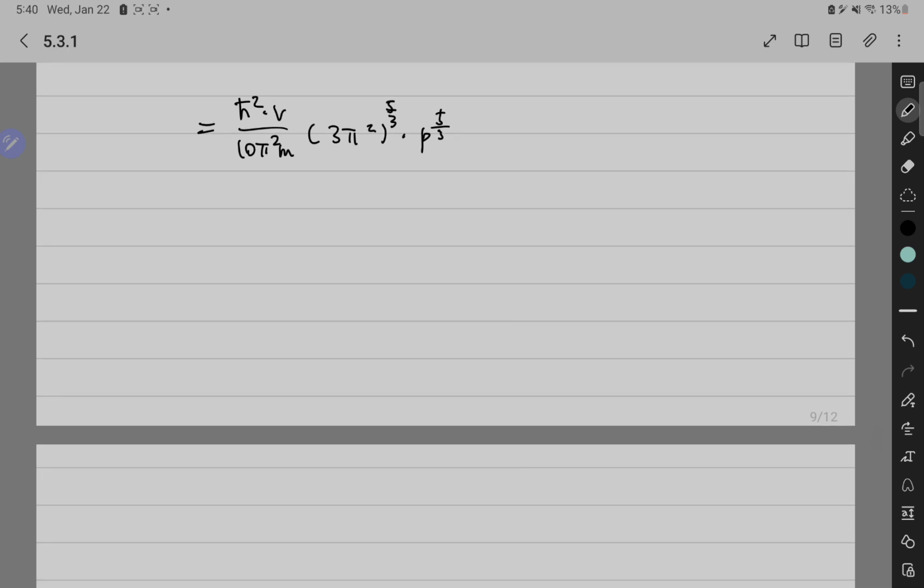So from the earlier equation, the total energy we have is E total equal to h squared over 10m times V times 3 pi squared to the power 5 over 3 times p to the power 5 over 3.